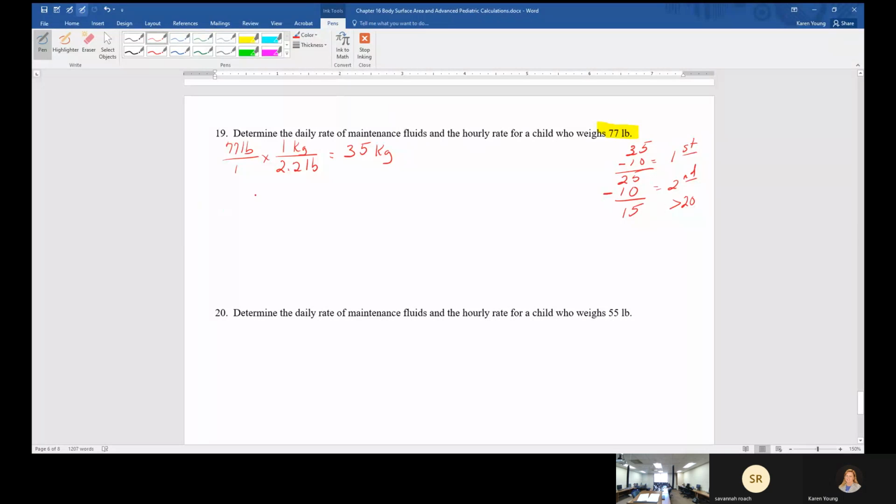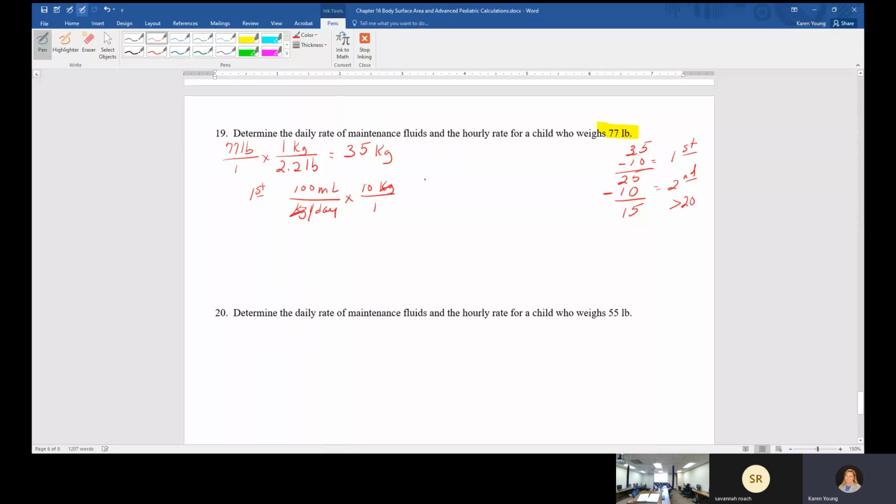So my first 10 is 100 milligrams, not milligrams, I'm stuck on milligrams. 100 milliliters over 1 times, no, it's not over 1. What is it over? Milliliters per kilogram per day times my 10 kilograms.